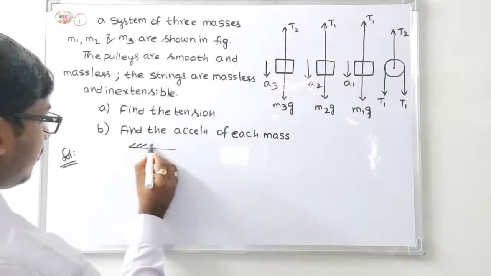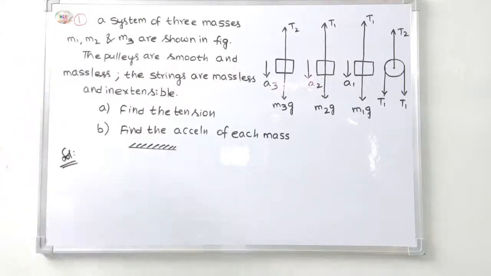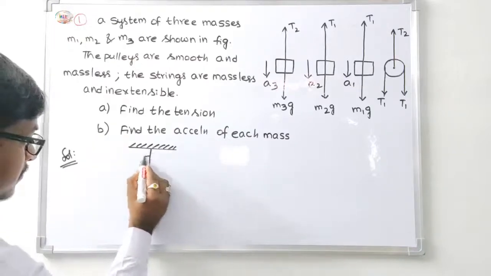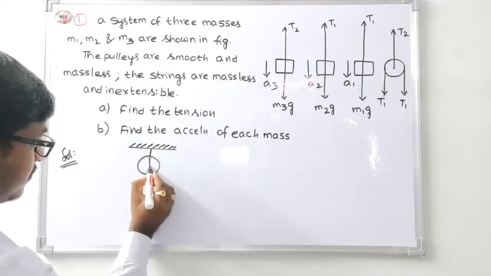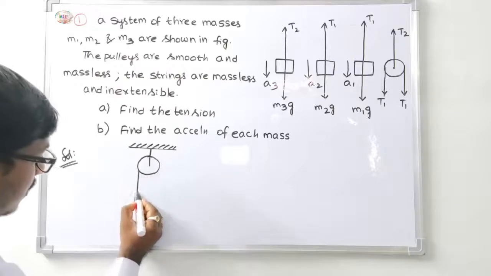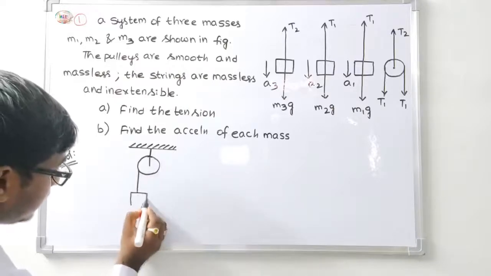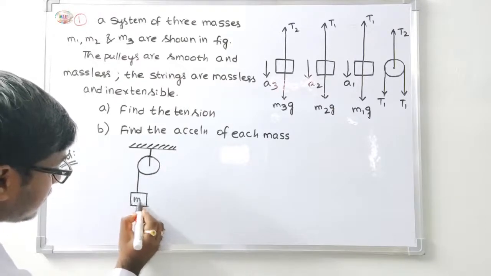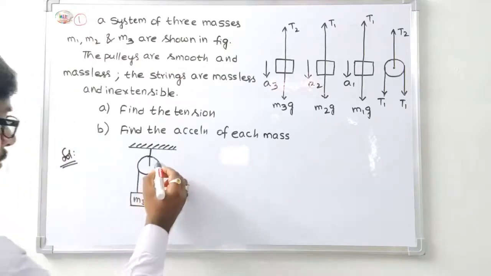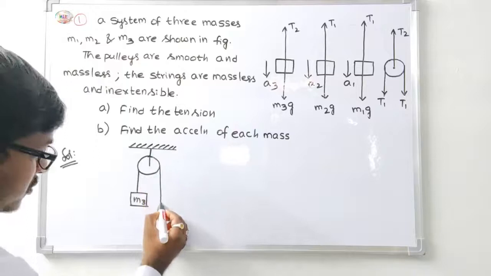This is the one pulley. The M3 block is here, with one side fixed to a pulley.